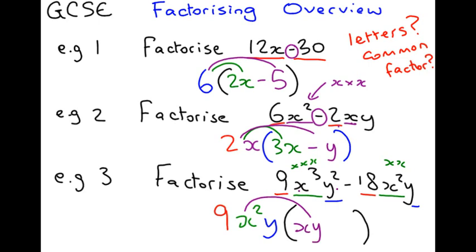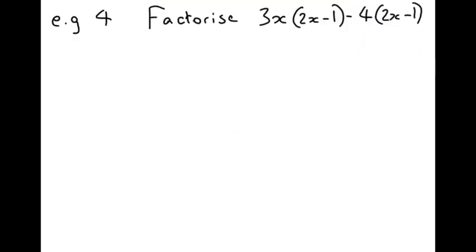The next one, what do you have to times 9x squared y by to get 18x squared y? Well, you've already got your x squared, you've already got your y. All you need is 2 to times by 9 and get 18. And it's a negative. Okay, that's your answer. Simple as that. Hope that was clear. Okay.